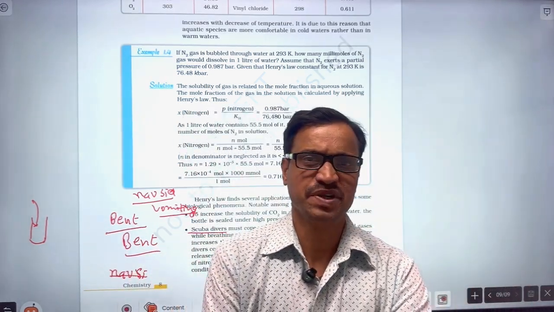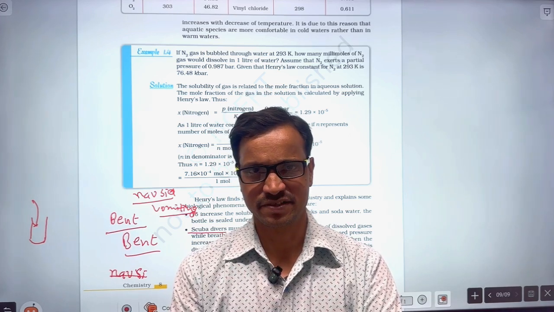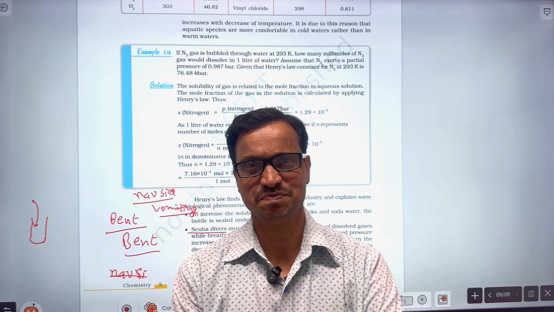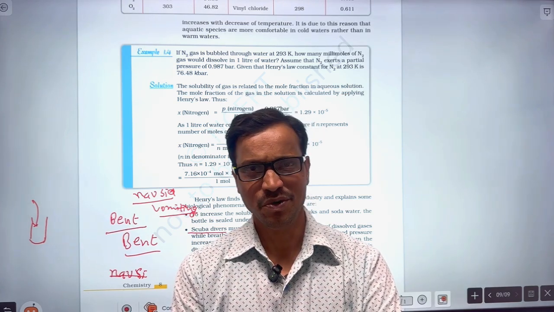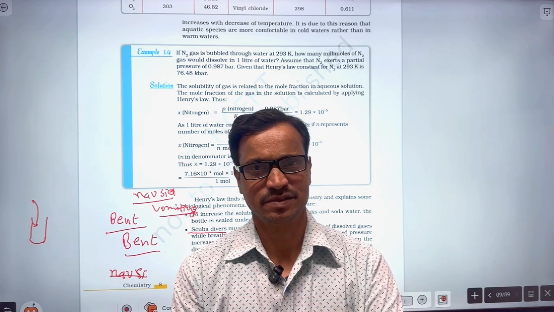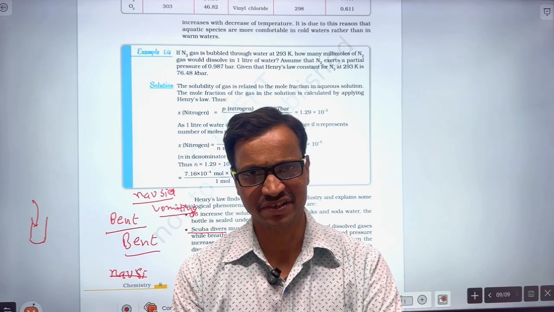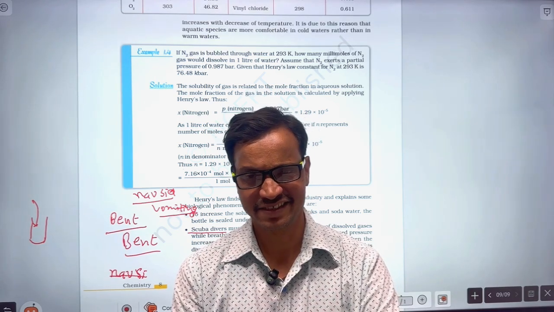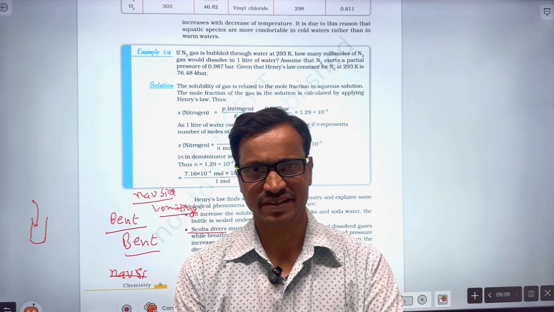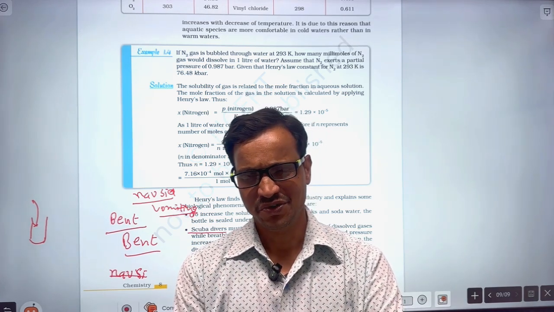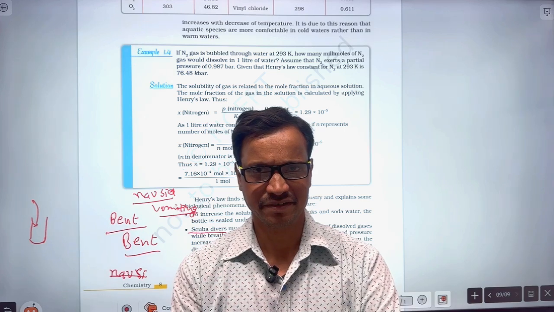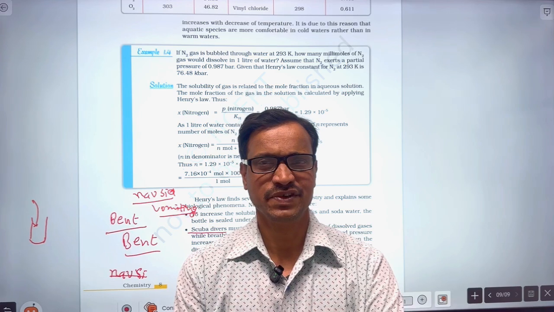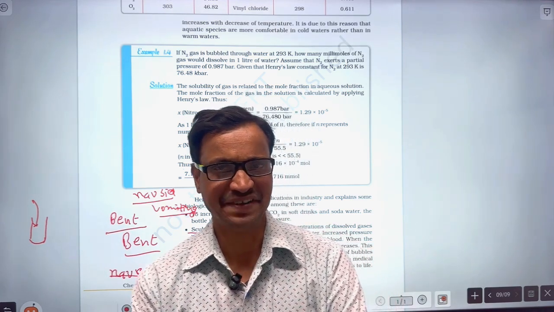To avoid the symptoms of bends, nowadays inert gases are filled in the oxygen cylinder used by scuba divers. By filling the inert gas, the partial pressure of nitrogen decreases, and hence when the scuba diver is inside the water, only a meager amount of nitrogen can dissolve in the blood, and hence he will not feel the symptoms of bends.